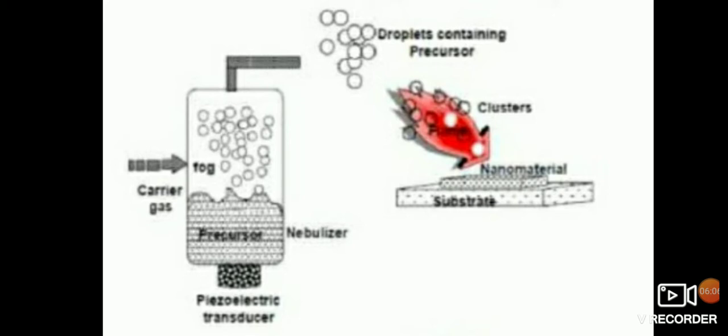However, since the gas pressure during the reaction is high, highly agglomerated powders are produced, which is a disadvantage for subsequent processing.